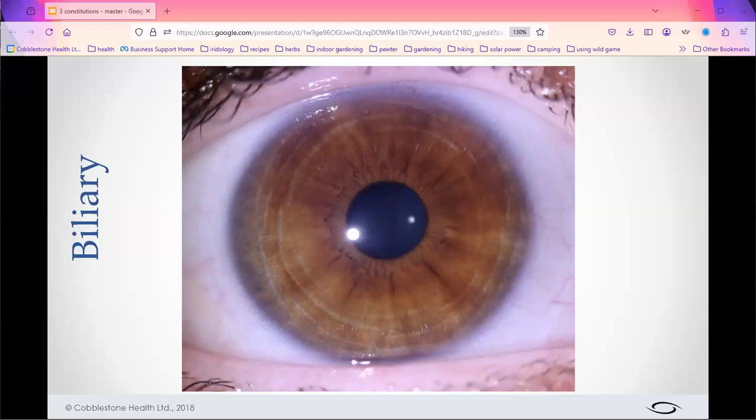The biliary iris. This is the type of iris that some iridologists would say shows the desperate need for long-term, very deep systemic cleansing. That's what I was originally taught. That if we had an eye that had all this color in it and we could see fibers here, that meant this person was really toxic and we needed to cleanse them.